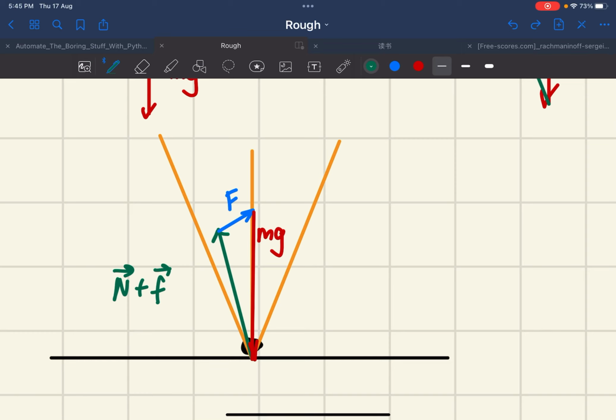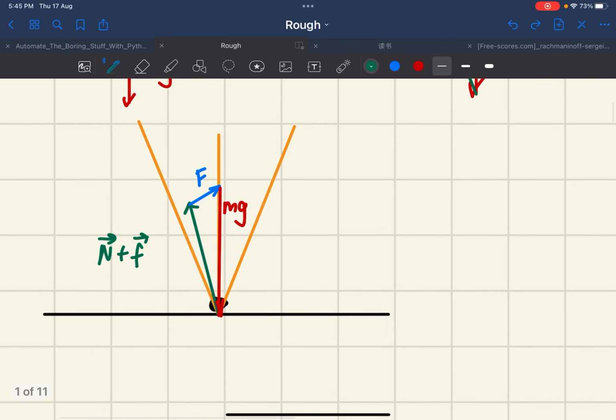So we can actually adjust our blue force F, and then the normal and friction force will adjust automatically to counteract our pushing force so that the box is stationary.